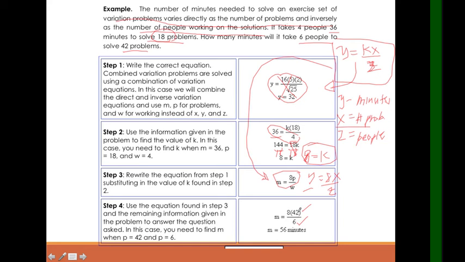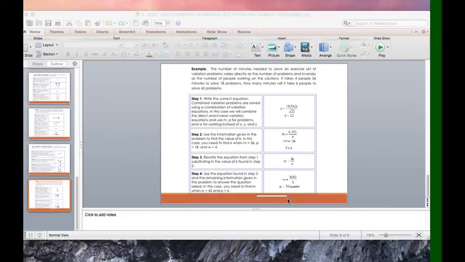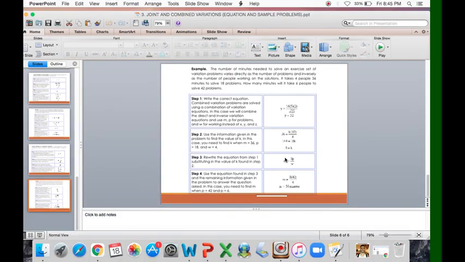Or simply, 42 divided by 6 is 7, times 8 is 56. So we have 56 minutes. It will take 56 minutes for 6 people to solve 42 problems. You got it? So that's all about joint and combined variations with sample problems. So with that, thank you very much for your listening.